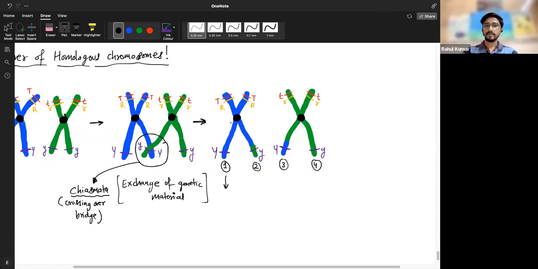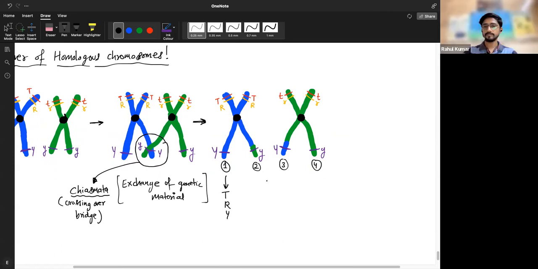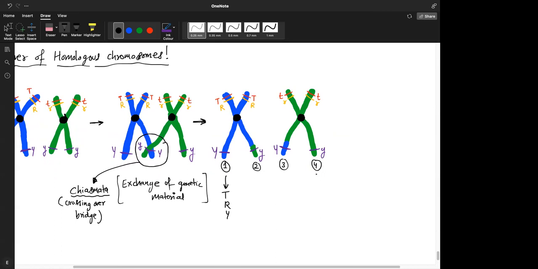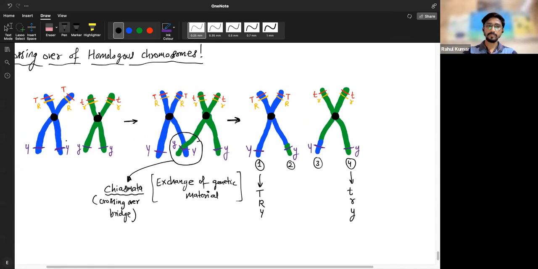So tell me, what is the combination you have in this chromatid? First one: capital T, capital R, capital Y. The second one: capital T, capital R, small y. Tell me the fourth one: small t, small r, small y. So these were the parents, right? To begin with, these are the parent chromosomes.